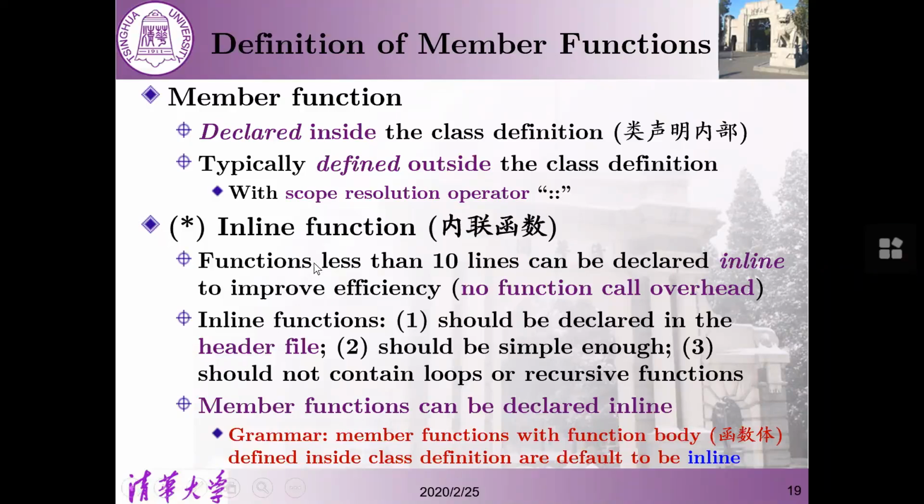And then we mentioned something about inline functions because there is some grammar related to inline functions here. So functions with less than 10 lines are typically declared as inline functions to improve efficiency. Why can it improve efficiency?